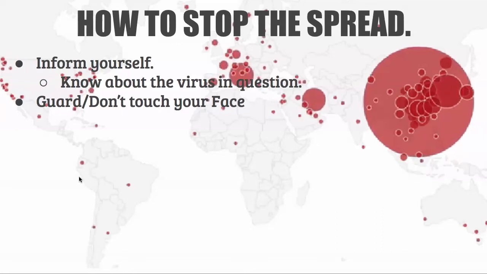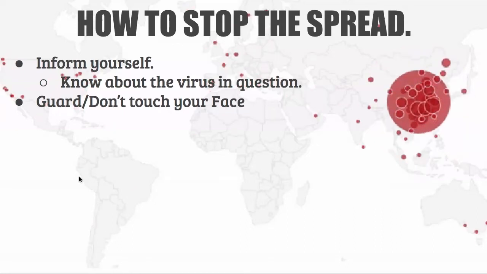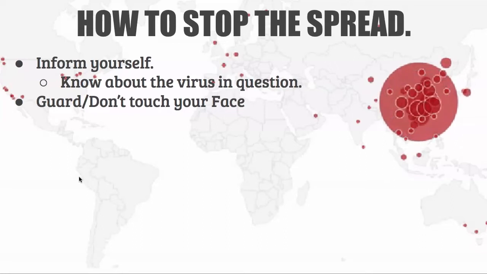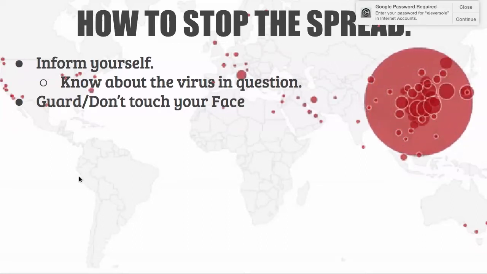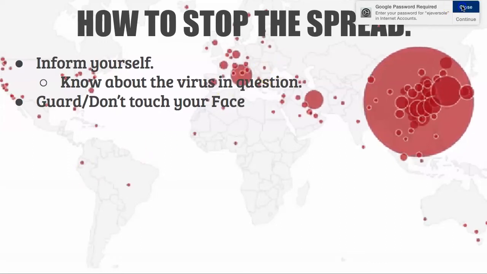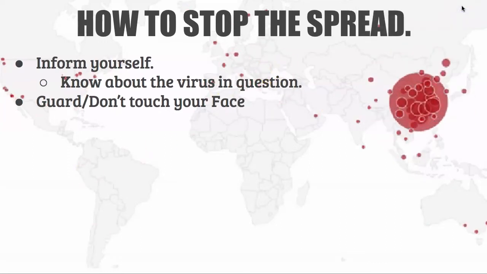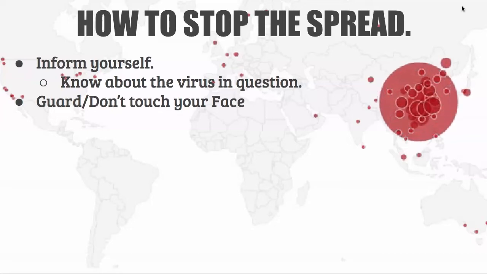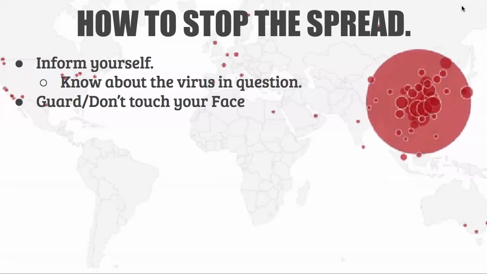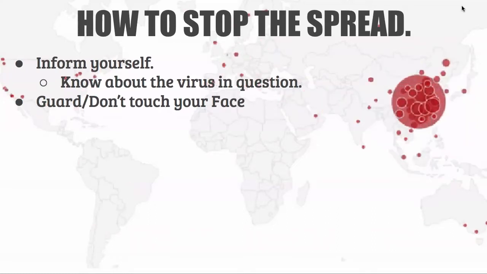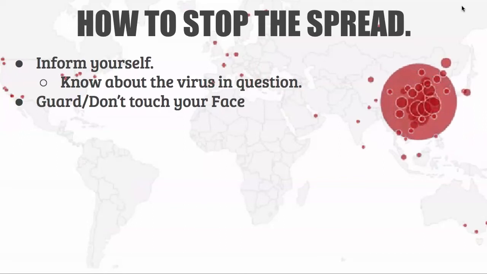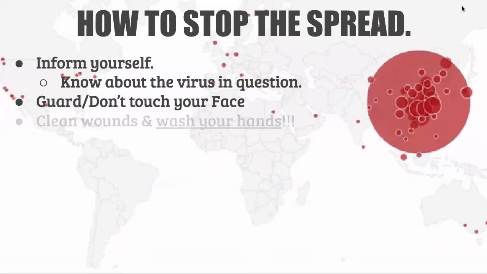However, our face, we have a mouth, we have a nose, we have eyes, and in all those different areas, there are small places where the virus can actually get into our body and into the bloodstream and into the system. And that's why people say guard your face, don't touch your face, because you might have the virus on your skin and you're not getting infected from it on your skin, but if you touch your face and allow that virus into your body, there you go. And so again, don't touch your face.